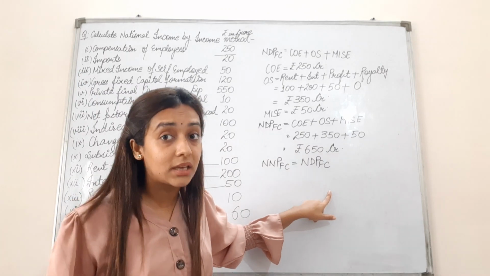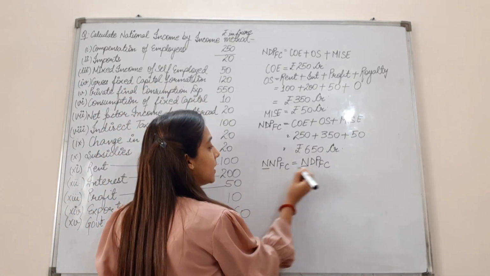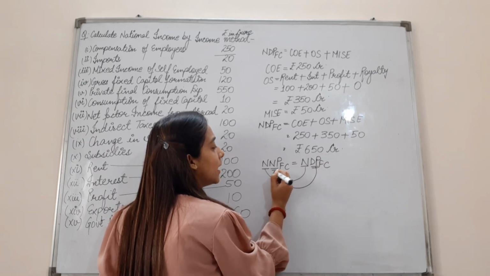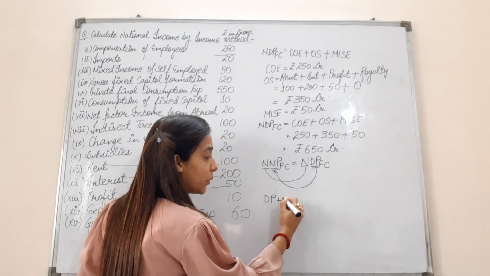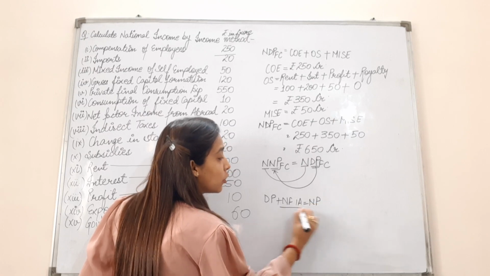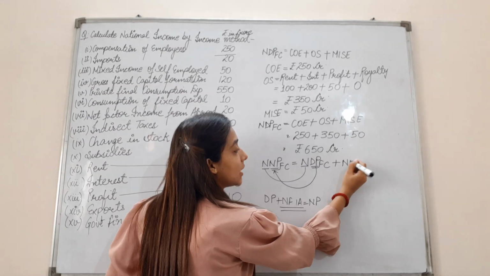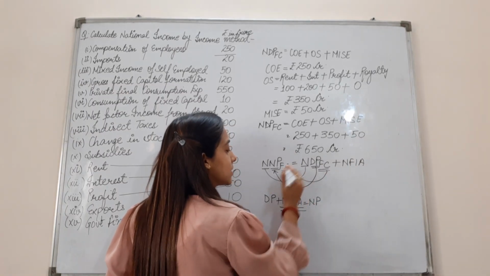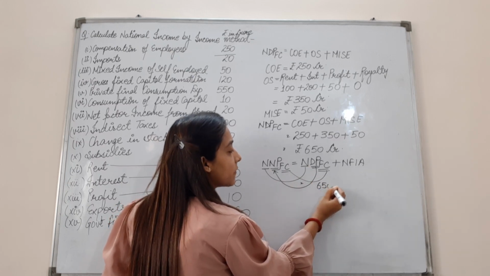What we have to calculate? NNP at FC. So net and net, from DP where do we have to go? To NP. So what do we do? Domestic product plus NFIA is equal to national product. So to go to national, we add NFIA. And FC and FC, what is it? Same. So NDP at FC is 650 plus.